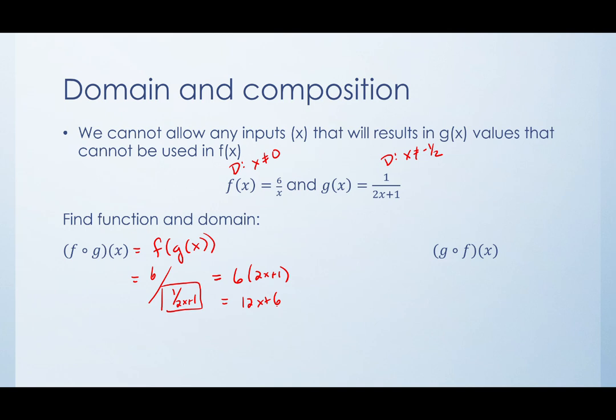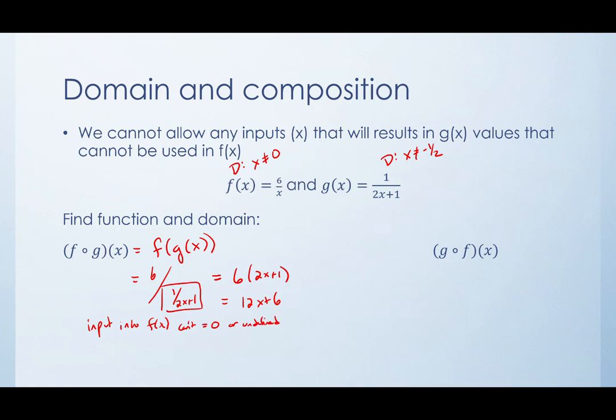But we do have input into f of x that can't be 0 or undefined. Well, actually for f of x, yes, it can't be equal to 0 or undefined.